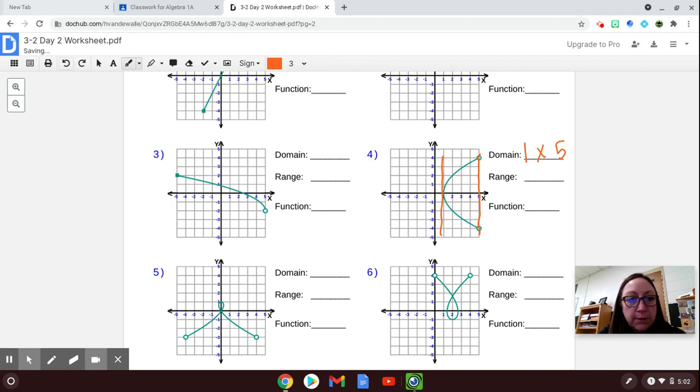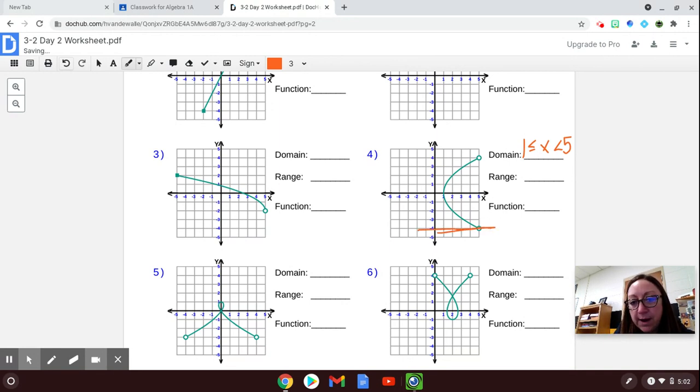All right, let me get rid of that, and we'll talk about the range. Okay, so now for the range, let me write this domain back there for you. Okay, so the range is going up and down.